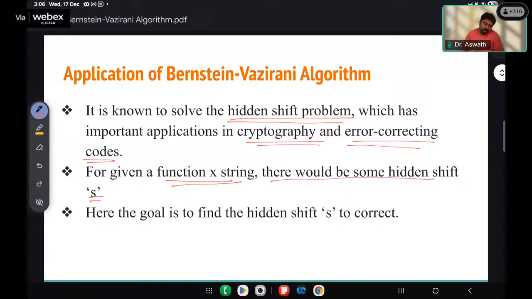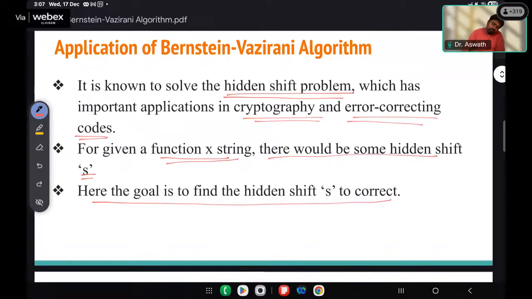That is what we saw yesterday. Now here also we need to find the shift s by asking very few queries. That is what we want to know.